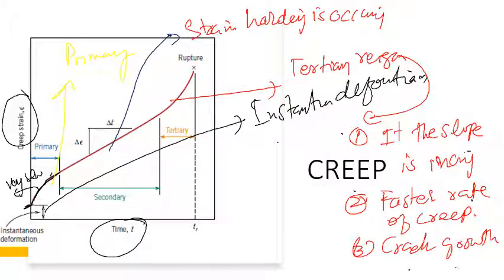The cracks in this region start growing very fast, with a faster rate of creep, and the slope is positive, increasing. It will eventually lead to a rupture point. This is the rupture time, tF, right? So from 0 to tF, basically this is the period for creep.